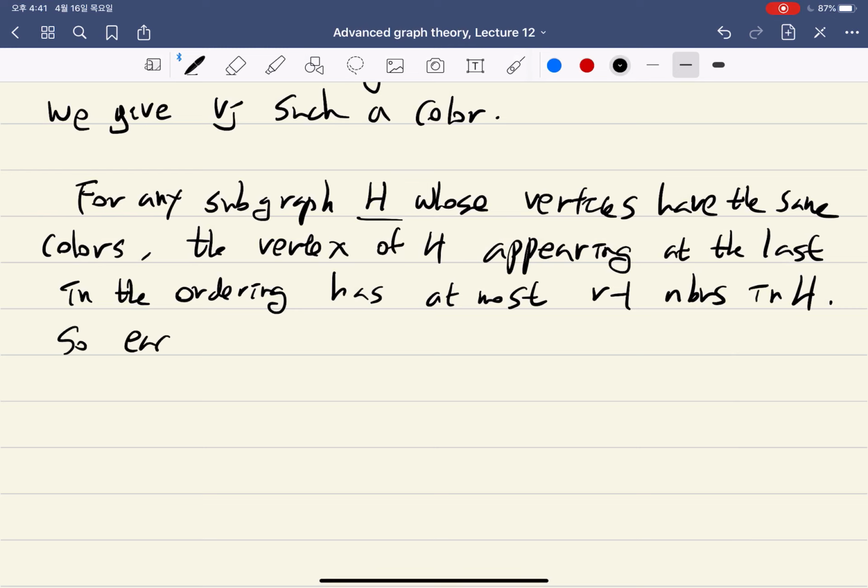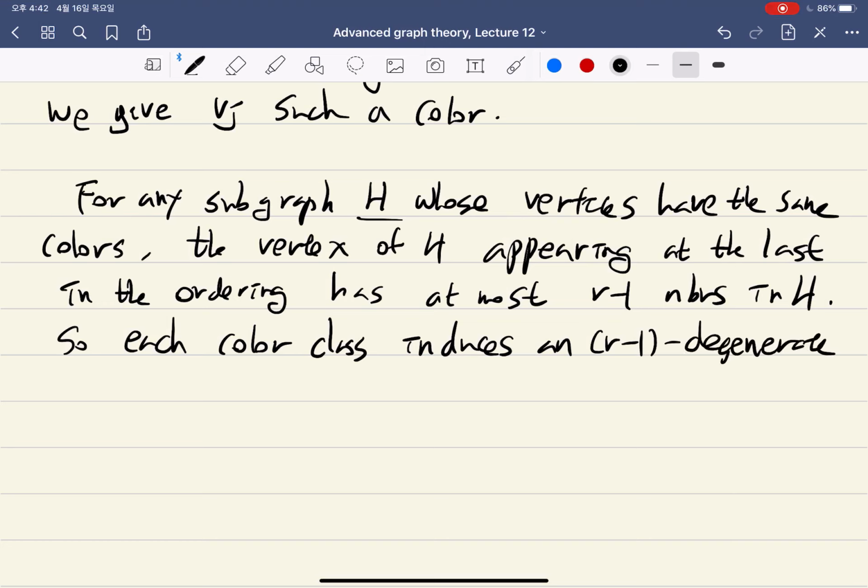So each color class induces an r minus 1 degenerate graph. So this finishes the proof.